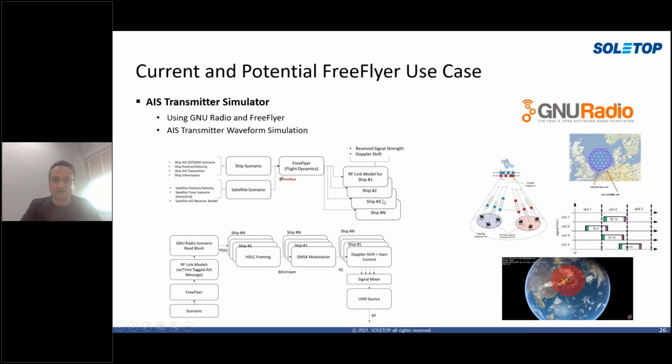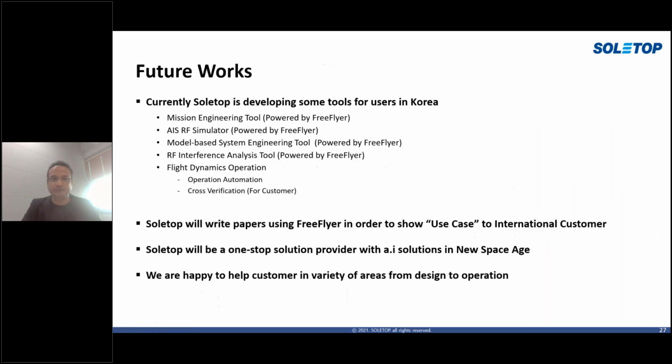This is under discussion with one of our government agencies. I couldn't discuss much about it because it's a confidential scenario, and much cannot be revealed. But this scenario as well has been demonstrated using FreeFlyer, as you can see beneath. The whole scenario was demonstrated to the customer recently.